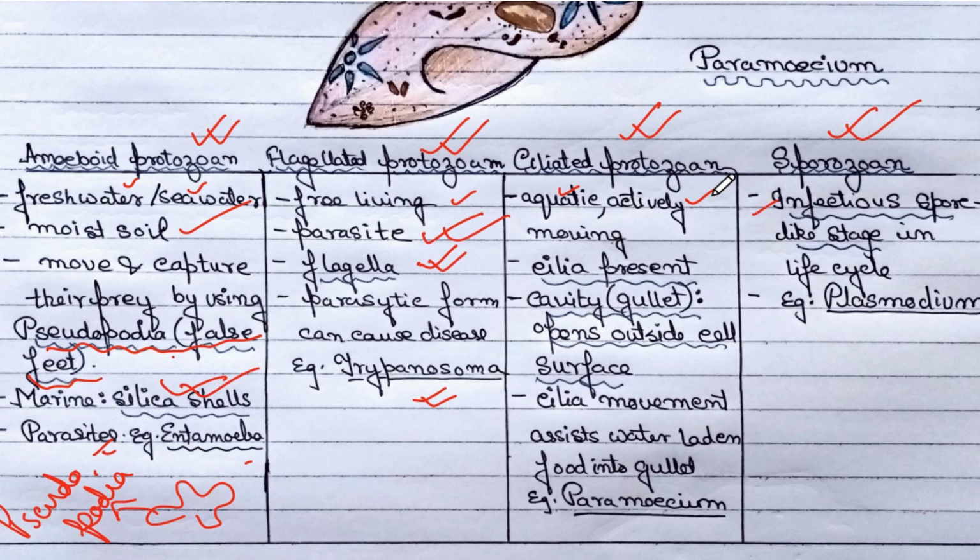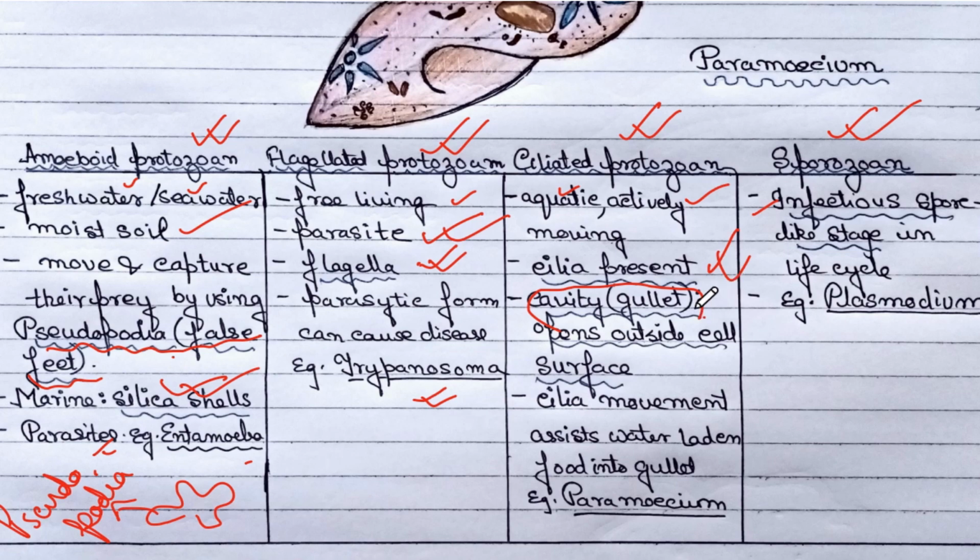Now let us come to ciliated protozoa. We already learned that its aquatic presence and about its active moving. So cilia is present in ciliated protozoa and it has a cavity or gullet. Actually, paramecium is an example of ciliated protozoa.